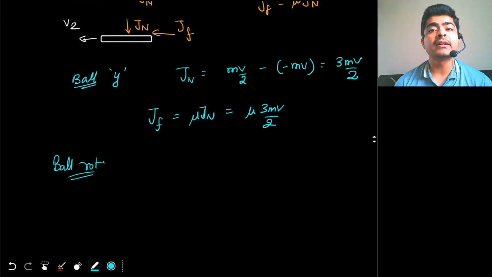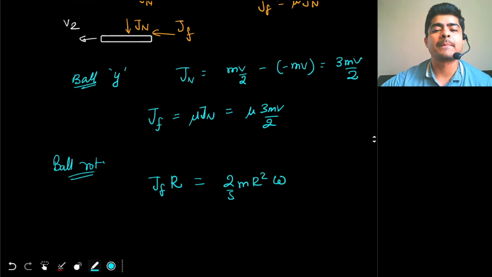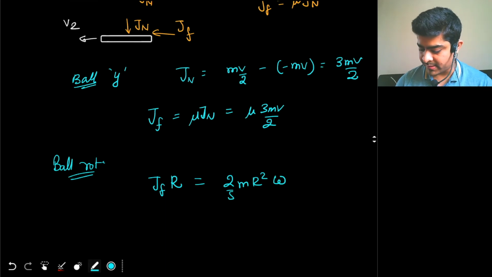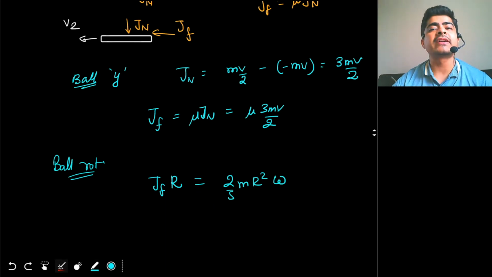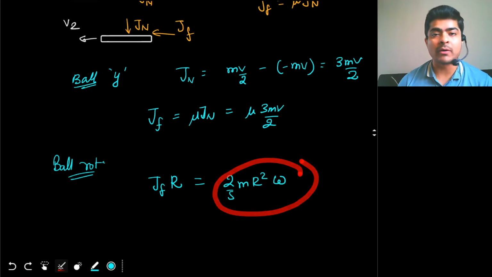The frictional angular impulse, Jf multiplied by radius of the ball, and this will be equal to 2 by 5 mr square omega. Why? Because this is equal to change in angular momentum. Final angular momentum is 0. This is the initial angular momentum of the spinning ball about center of mass.